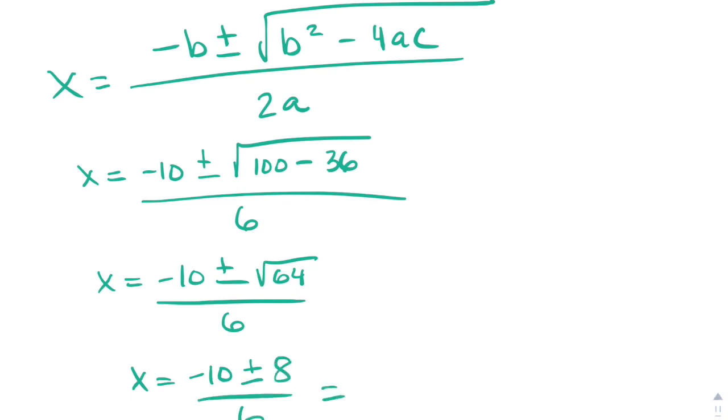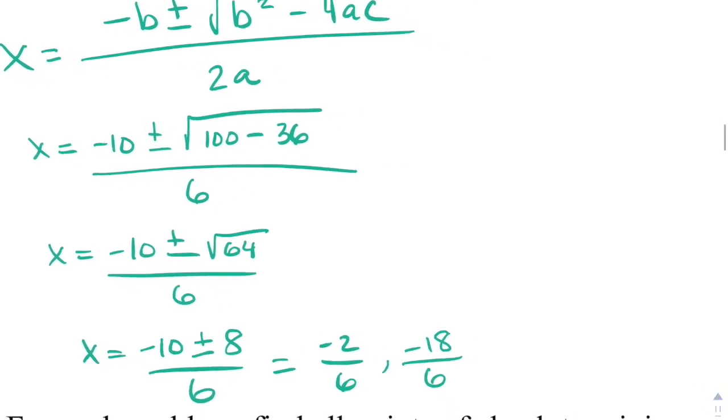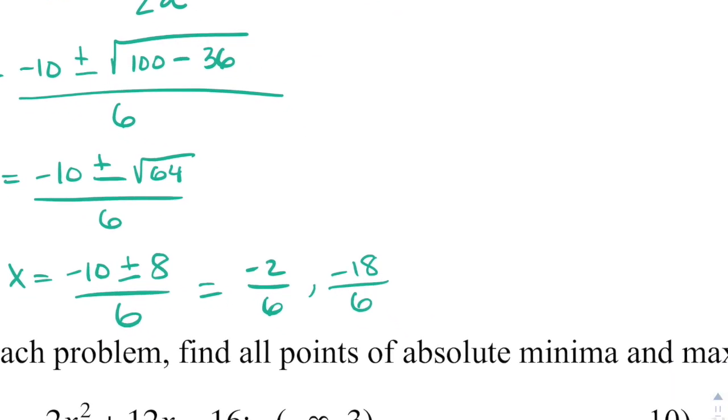So that's going to give you negative 10 plus 8, which is negative 2, over 6, or negative 10 minus 8, which is negative 18, over 6. Which ends up being the locations negative 1/3 and negative 3.